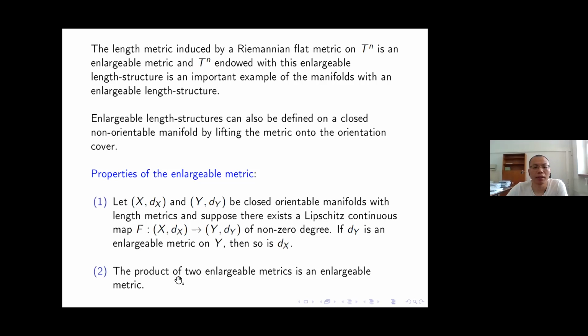And the second property is that the product of two enlargeable metrics is an enlargeable metric.